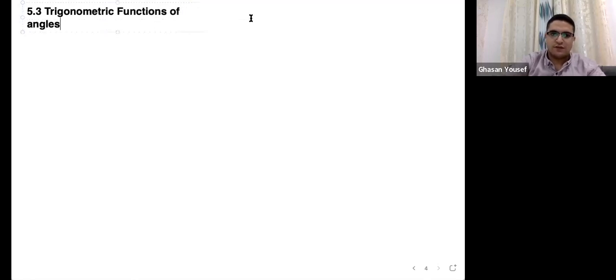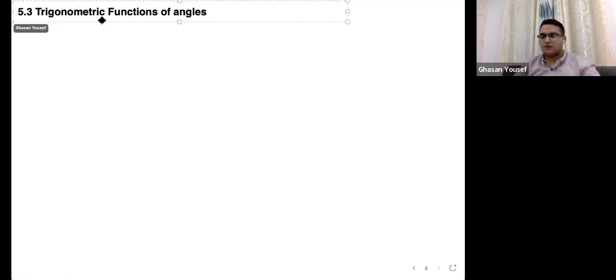So the difference between this section and the previous section: in the previous section, we were talking about the trigonometric ratios for acute angles, any angle less than 90, for example 30, 60, 45. All of these angles are acute angles. Now we're going to learn the value of the ratio functions for any angles, more than 90 and less than 90, okay?